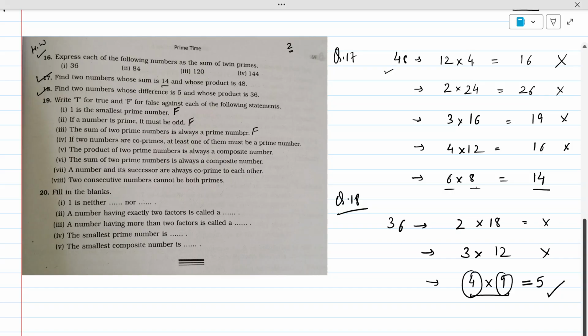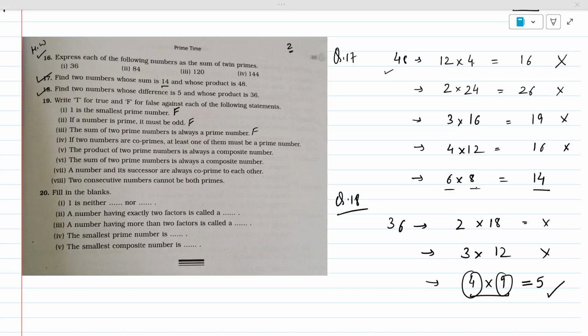Next, if two numbers are co-prime, then at least one of them must be a prime number. Again, this is true, right?